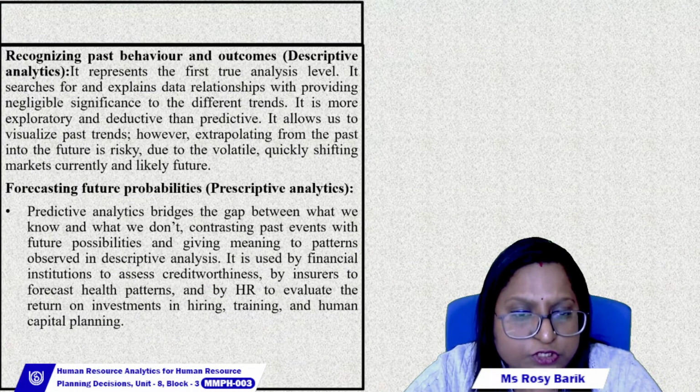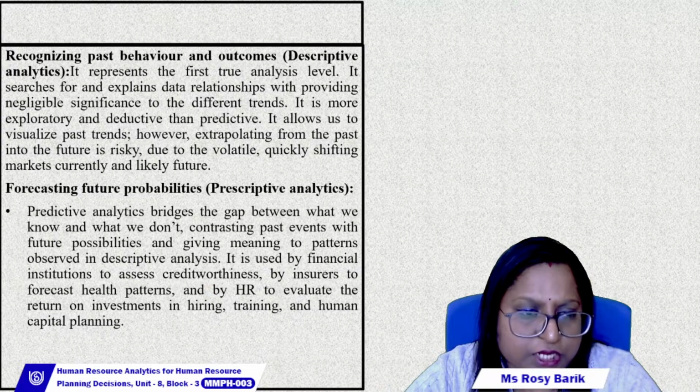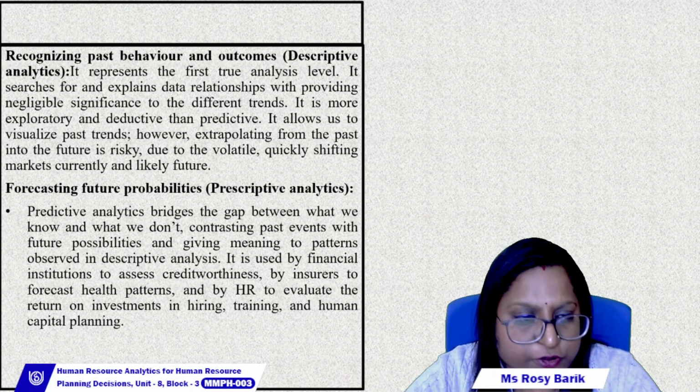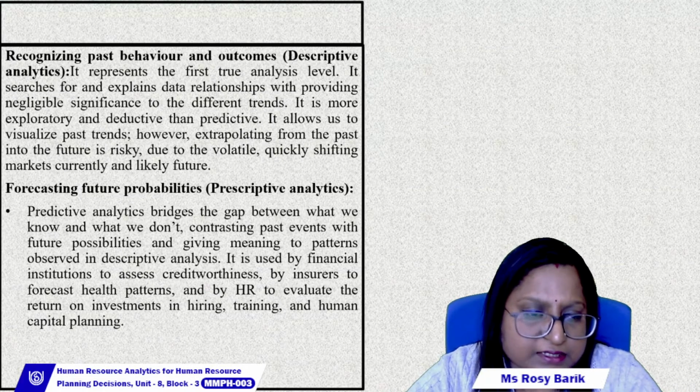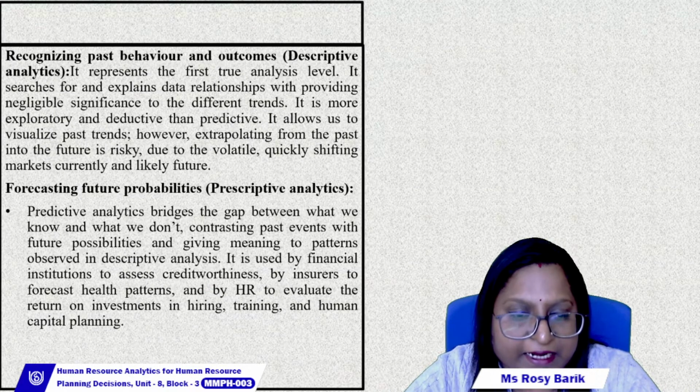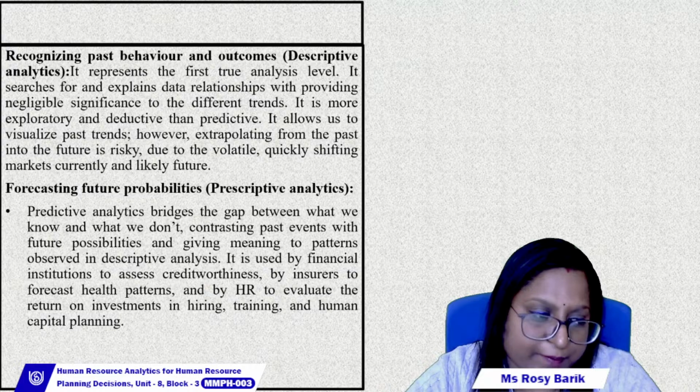It is used by financial institutions to assess creditworthiness, by insurers to forecast health patterns, and by HR to evaluate the return on investment in hiring, training, and human capital plans.